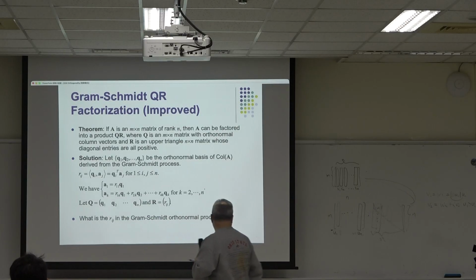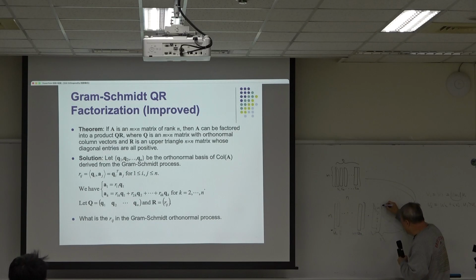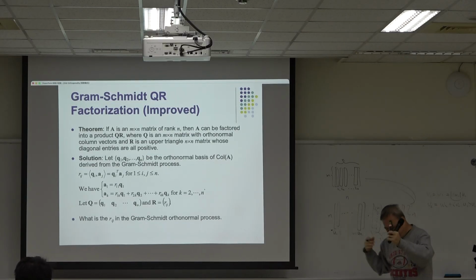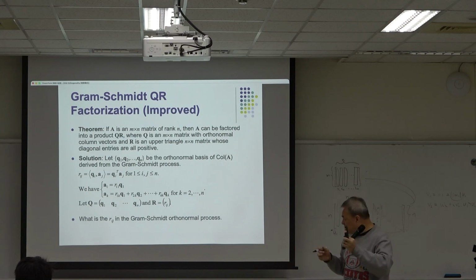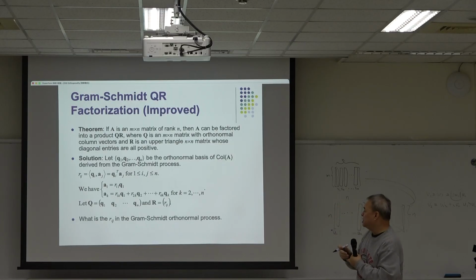the Gram-Schmidt decomposition. This decomposition just means you try to write the normalization process and reverse it.